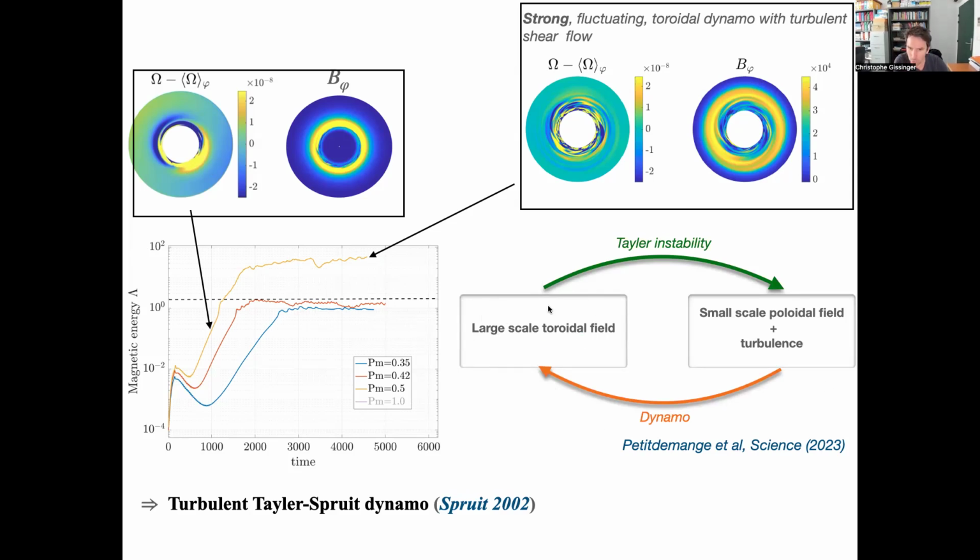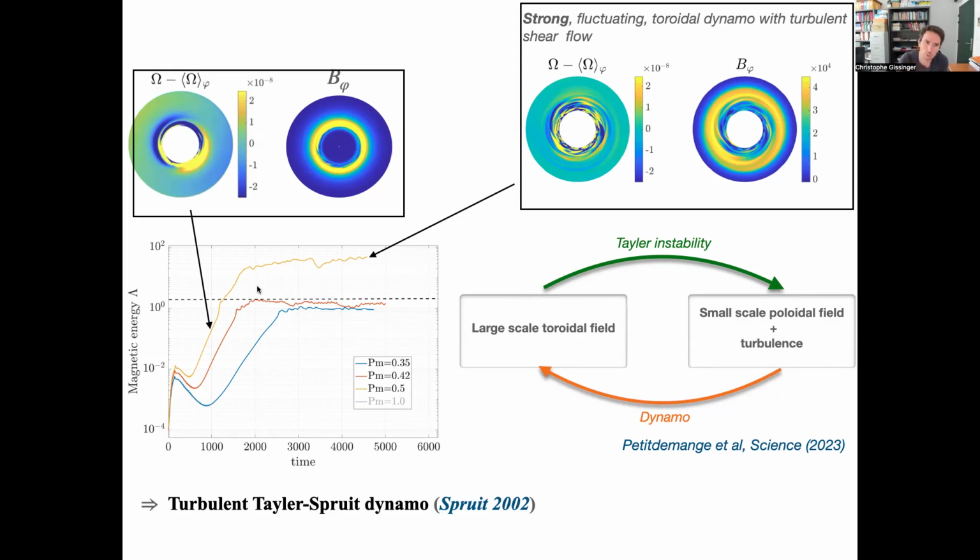You start with your large-scale toroidal field, it becomes unstable, it's known as a Tayler instability. It's not the MRI, it's a different instability of a toroidal field. It creates some turbulence, and then the turbulence is very efficient at going back and generating the initial toroidal field, and you have this amplification loop. This is exactly what explains this amplification in the data here.